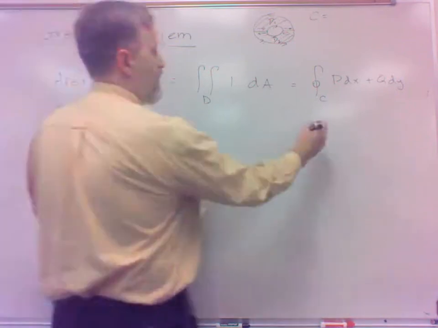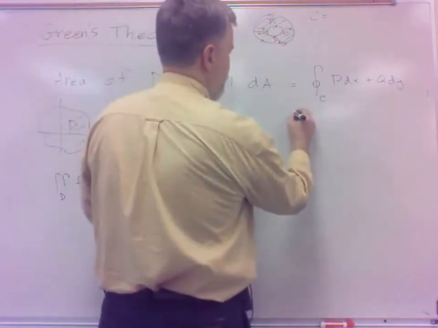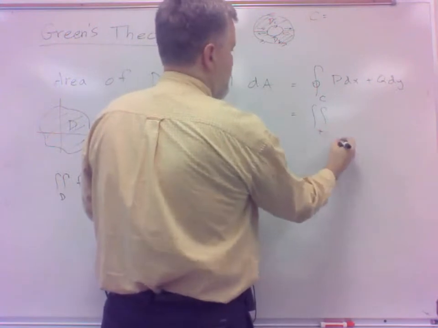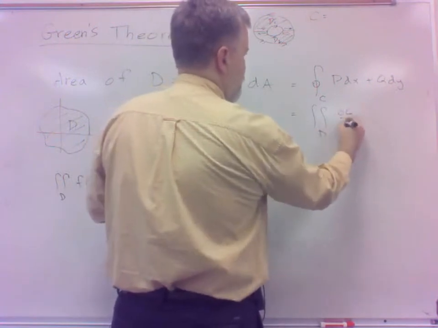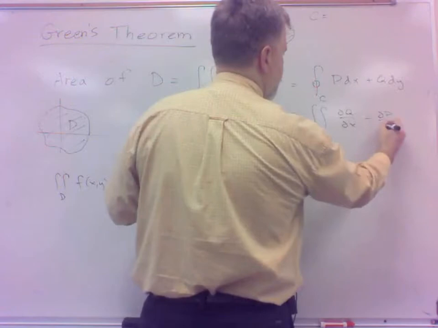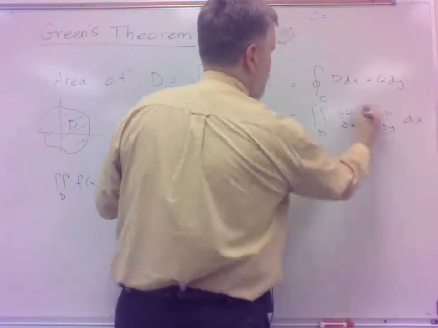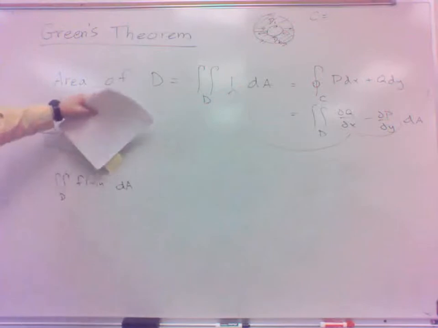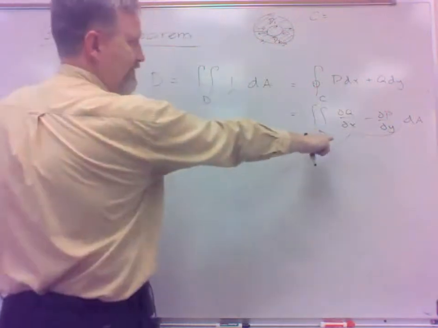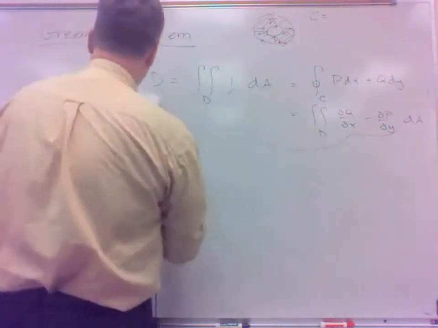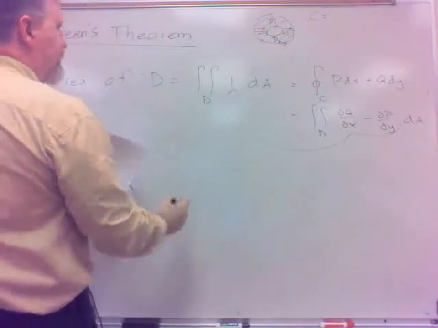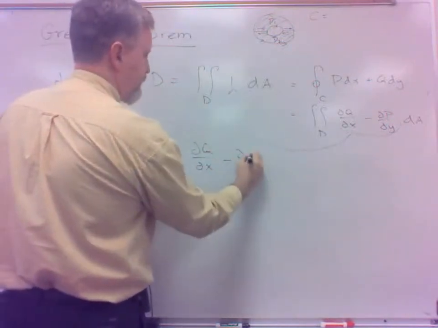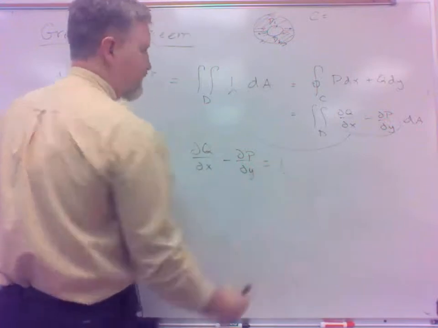Actually I want that equal to the double integral of the partial of Q with respect to x minus the partial of P with respect to y. Would that mean this must equal 1? So the area of D I can find with this double integral. The partial of Q with respect to x minus the partial of P with respect to y must equal 1.